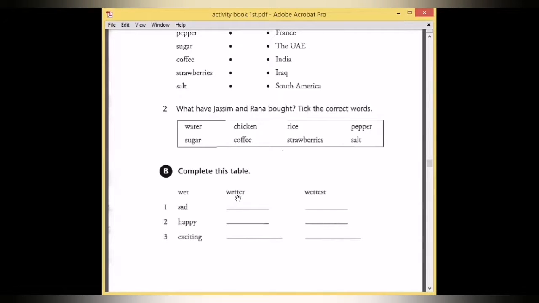We duplicate the last letter of the adjective and we add er, right? And how to change it into the superlative adjective? We duplicate the last letter and we add est, so it becomes wetter and wettest, right? And sad, how to do it? Yes, sadder, saddest. We also duplicate the last letter, which is letter D.